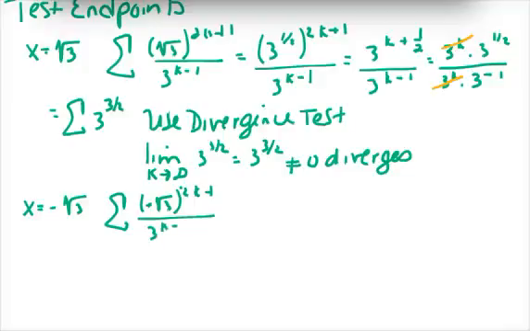And you're going to have to pull in all of your Chapter 8 tests when you're examining the endpoints for convergence. So you may use the alternating series test, you may identify this as a p-series, you may pull in a harmonic or an alternating harmonic.